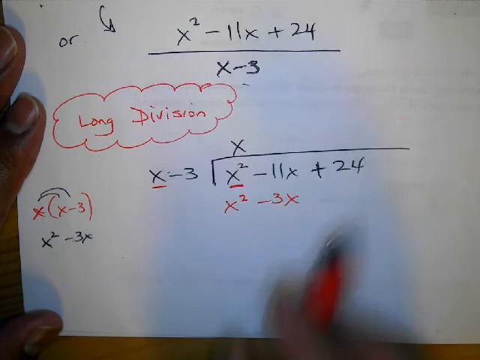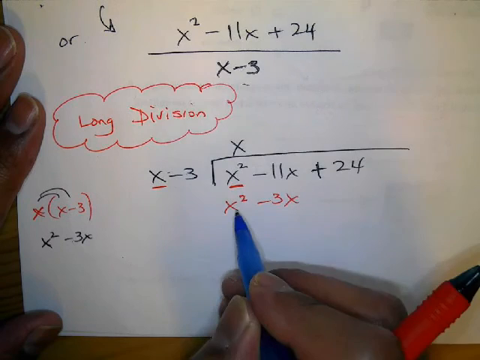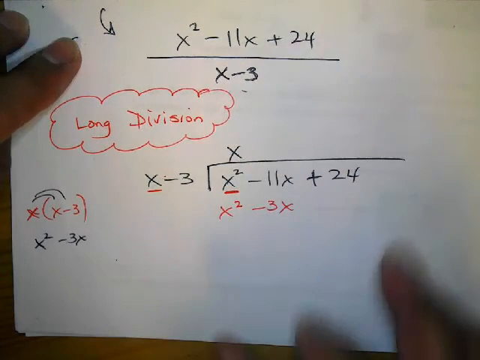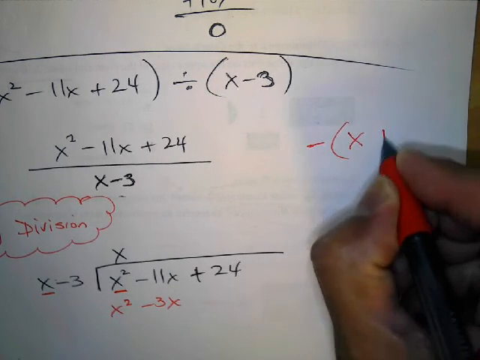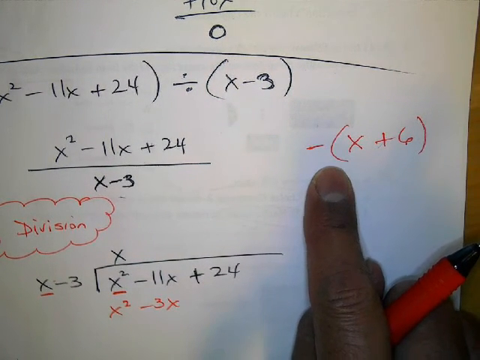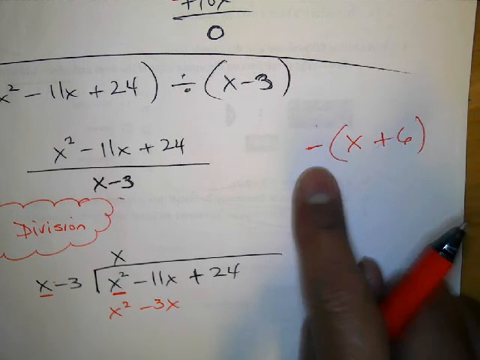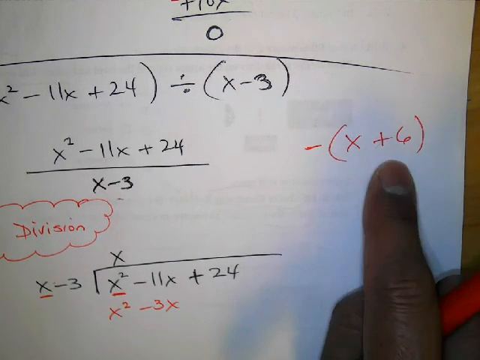Step 3 is subtract. Here's the tricky part, guys. When you subtract, it's like when you have a negative in front of an expression like this, right?